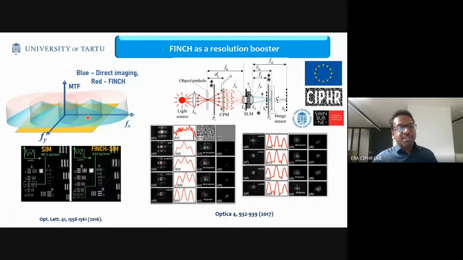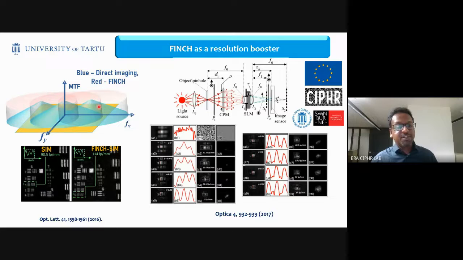But this method is definitely a super resolution method, but it is not fully effective, because the full capability has not been used, because you can see these regions, this B type regions. So these are the regions where the spatial frequency suffers some loss. Even though we have the spatial frequencies, the gain is not to the maximum value.